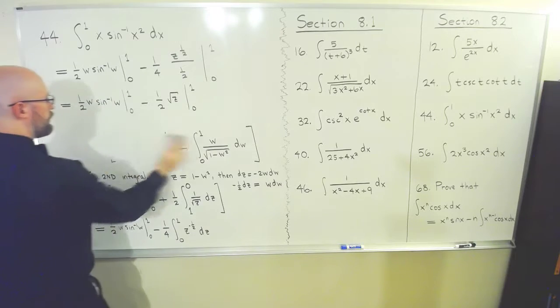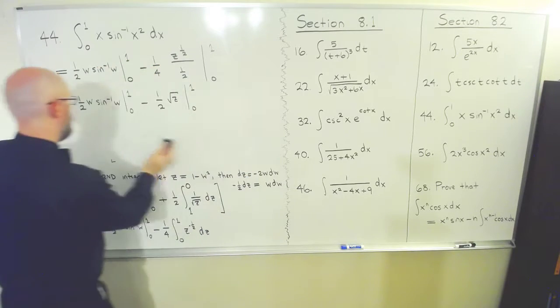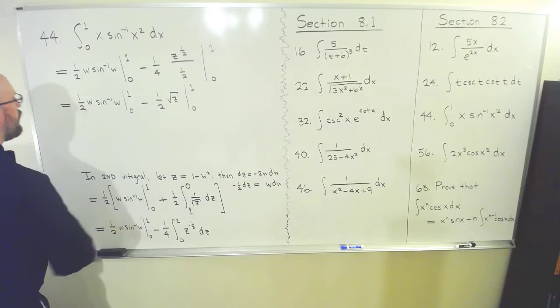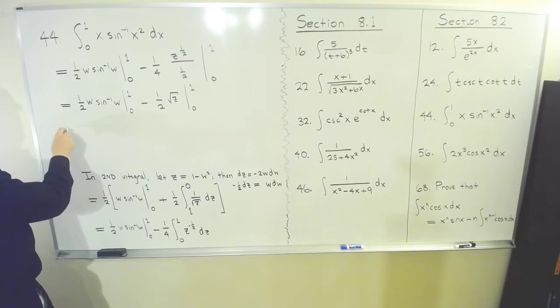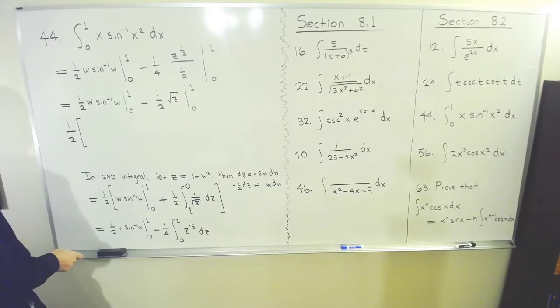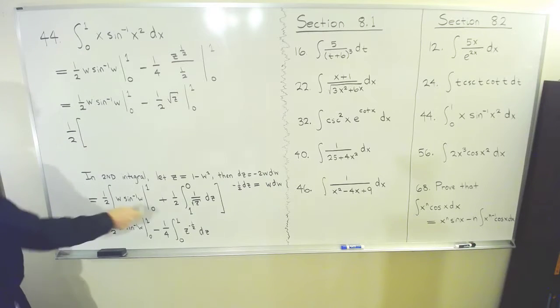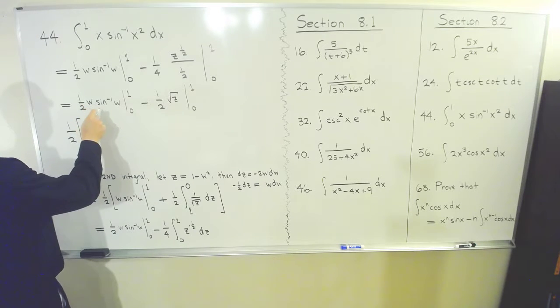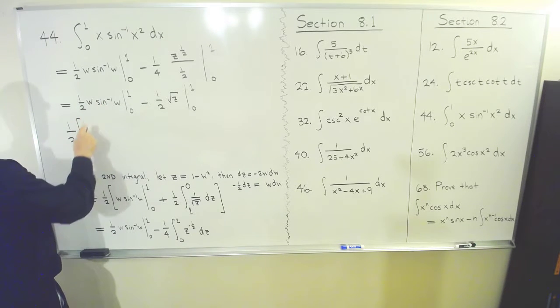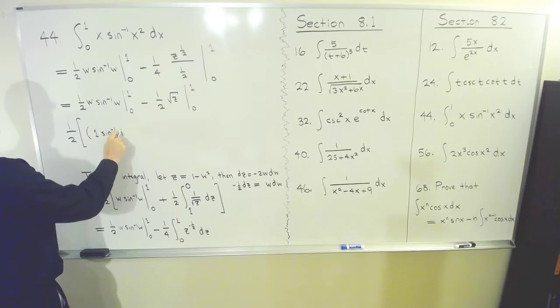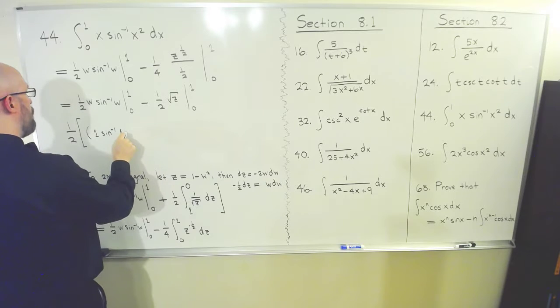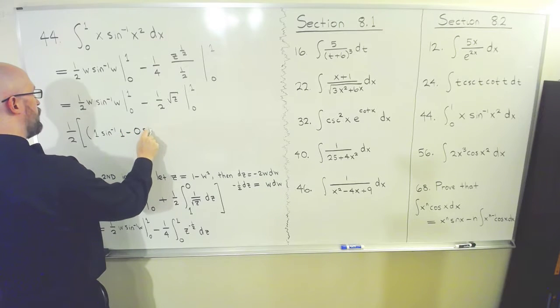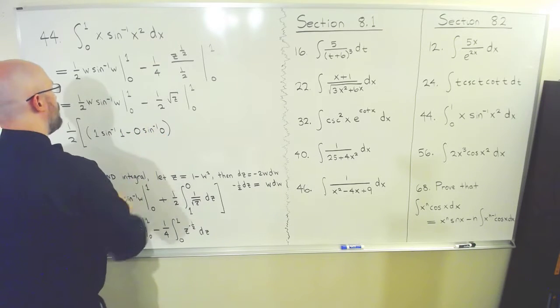Okay, so now I'm going to have to scrub off this part. So I should now be able to substitute in values. Now I'm going to pull a 1/2 out here again. I probably should have left it there that way the first time, but I didn't. So let's put in, so I'm going to put in the 1 here. So this is 1 inverse sine 1 minus 0 inverse sine 0.